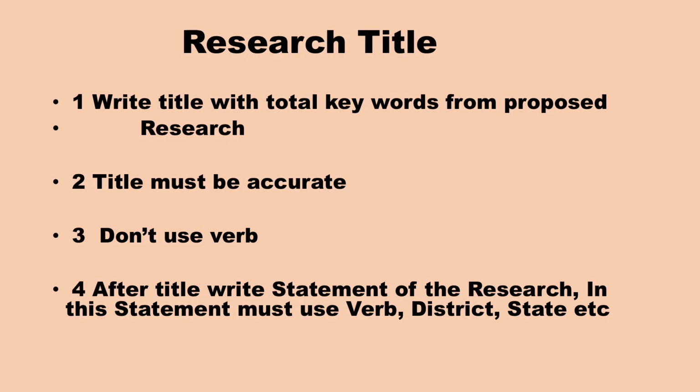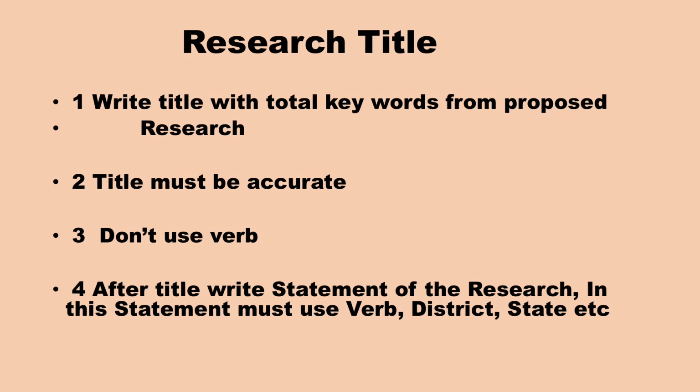The next point is title. So friends, there are basically two points. First, which is title, and another which is statement of the research. It is a little bit different. Title should be clear and should not use a verb, but in the statement you have to use a verb.